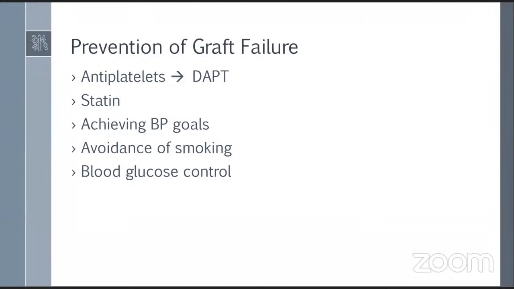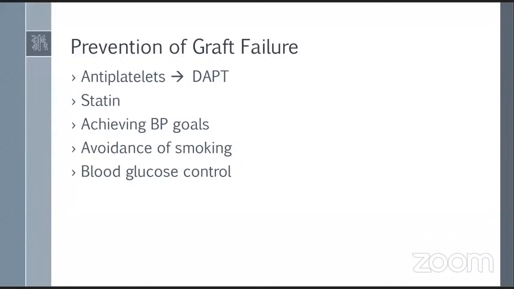While clopidogrel had different results, the studies that were done on clopidogrel were not uniform in confirming that clopidogrel showed any benefit in addition to aspirin. So the most important is aspirin.